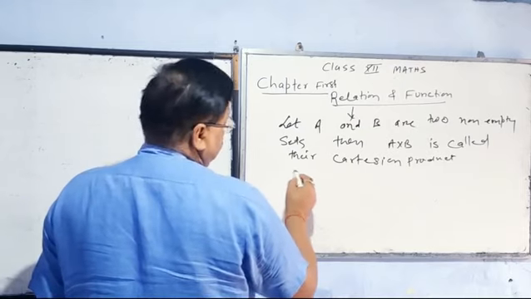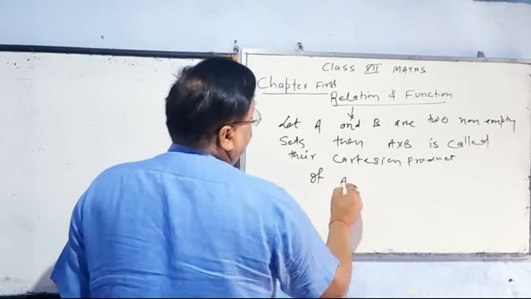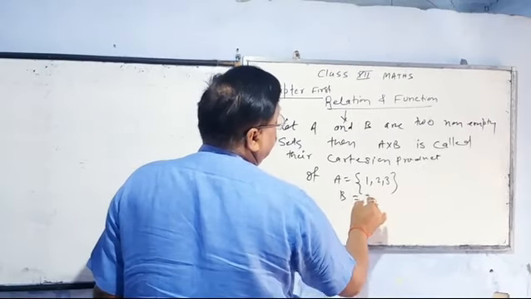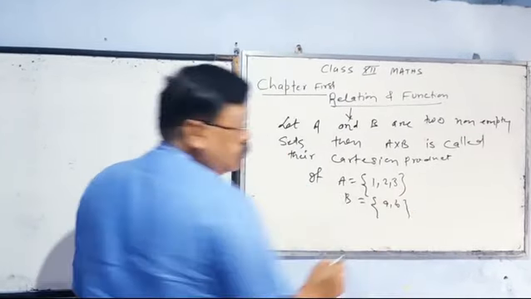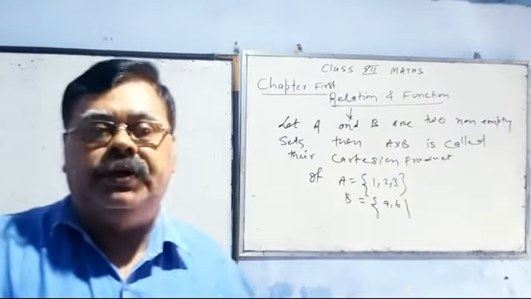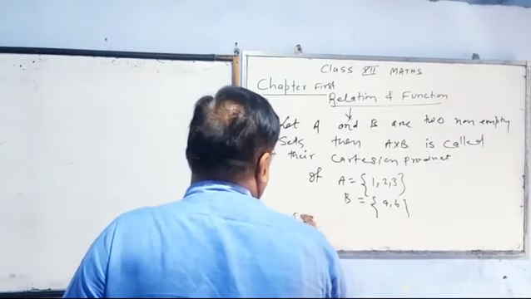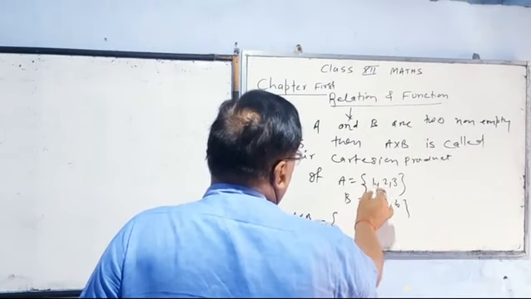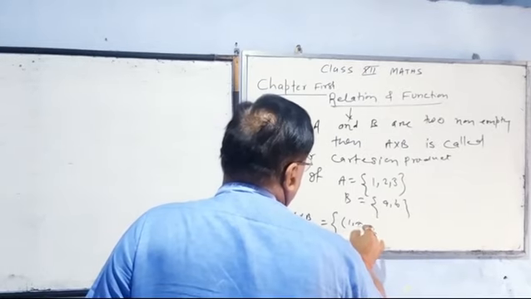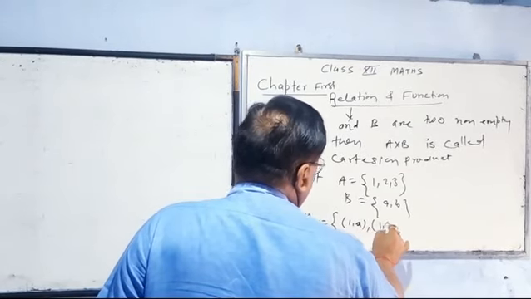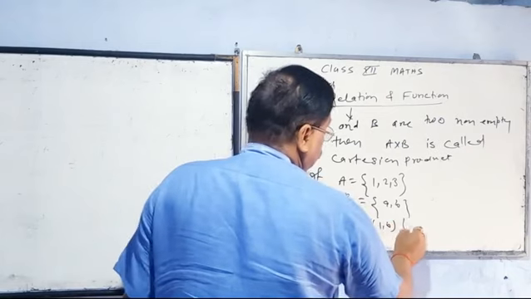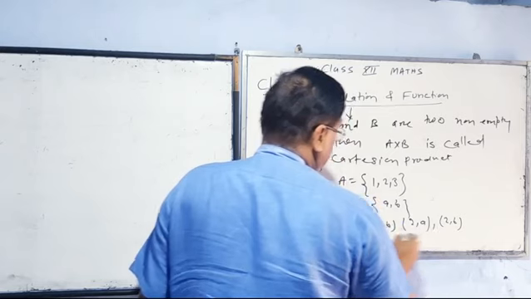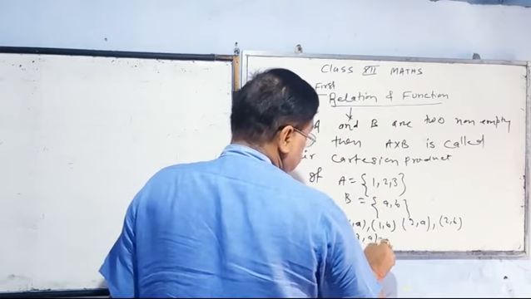As for example, if A has elements 1, 2, 3 and B has elements a, b, then we can find A cross B. A cross B is equal to: first we take the element of A, (1,a), (1,b), (2,a), (2,b), (3,a), (3,b).